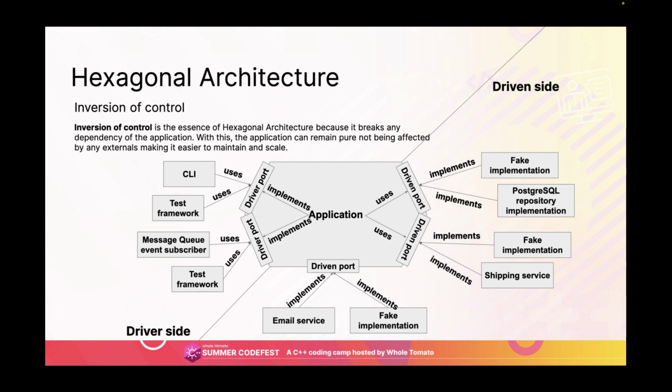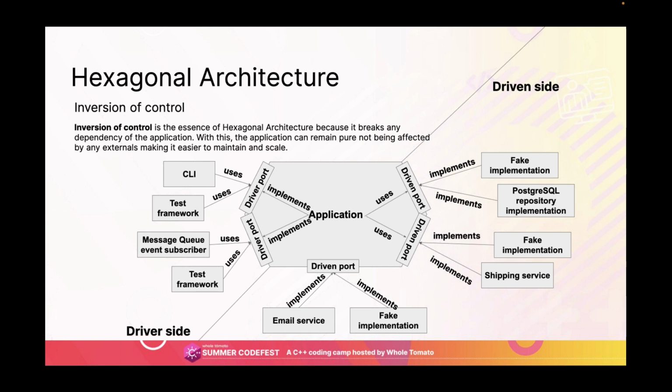And notice that from left to right, the driver side and the adapters will have a using relation with the driver port, while inside the hexagon, the application will have an implement relation with the driver port.